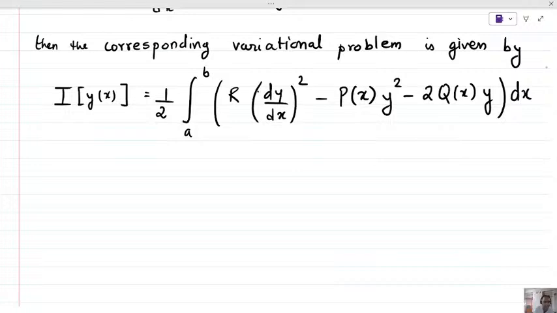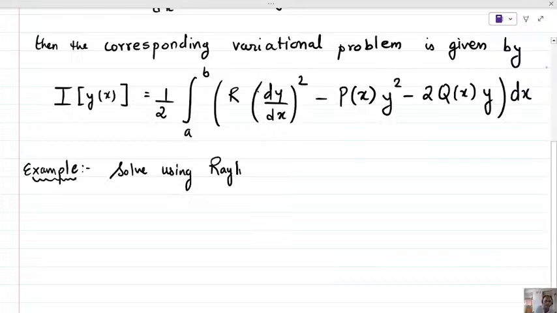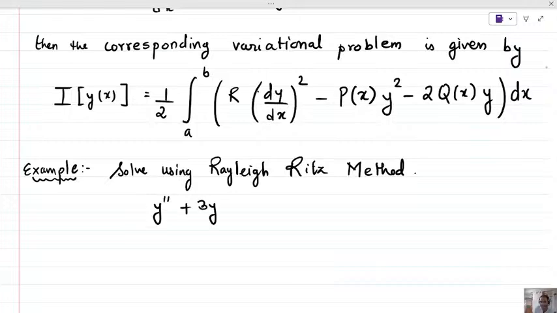The example here we will take: solve using the Rayleigh Ritz method y double dash plus 3y plus x equals 0, where 0 less than x less than 1 and y of 0 equals y of 1 equals 0.